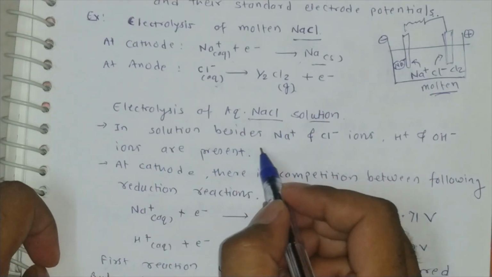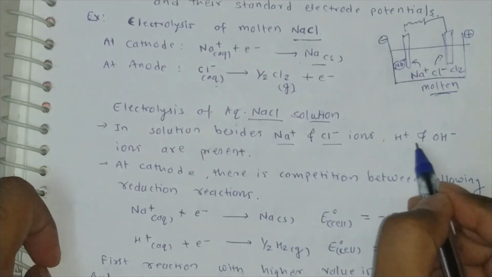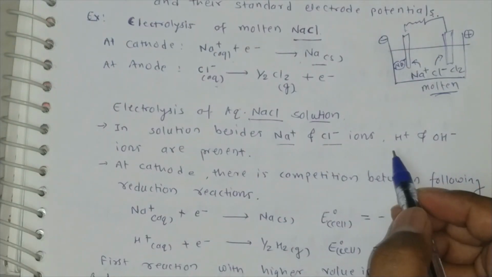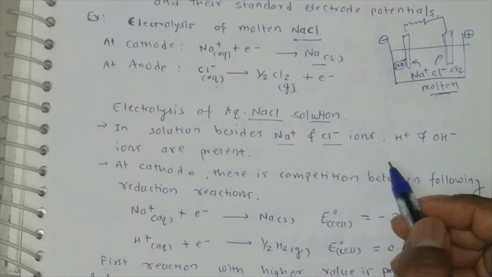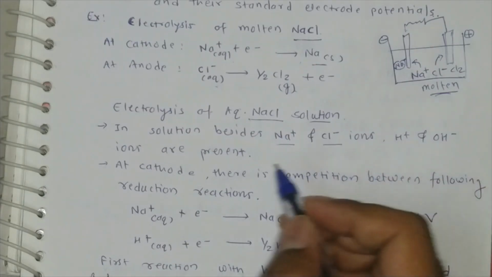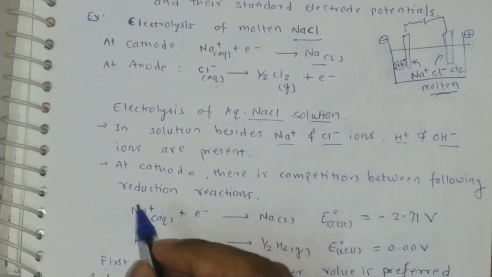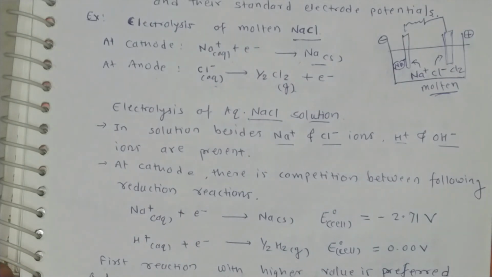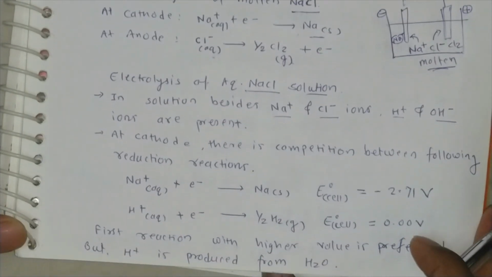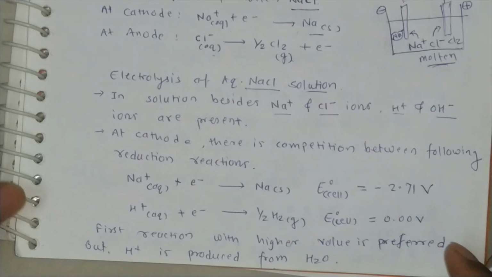In solution, besides Na plus and Cl minus ions, there is also the presence of H plus and OH minus ions, as we have seen in the electrolysis of dilute H2SO4, where H plus and OH minus ions are present along with the H plus and SO4 2 minus ions generated from the H2SO4 molecules. So the reactions at the cathode and anode will be different. There will be a competition for reduction and oxidation. Now how does it happen?